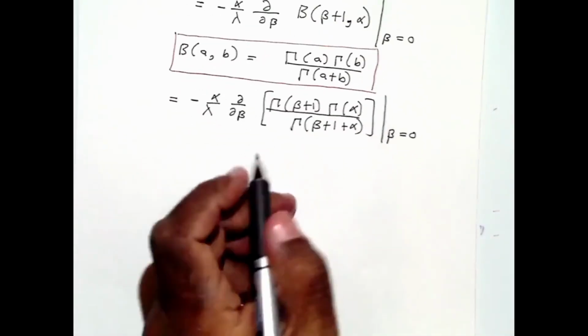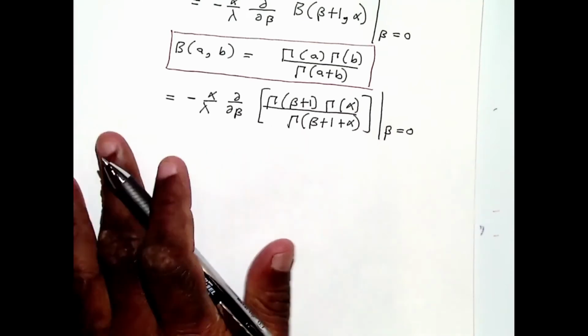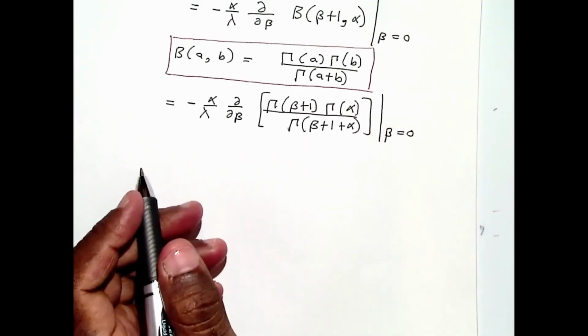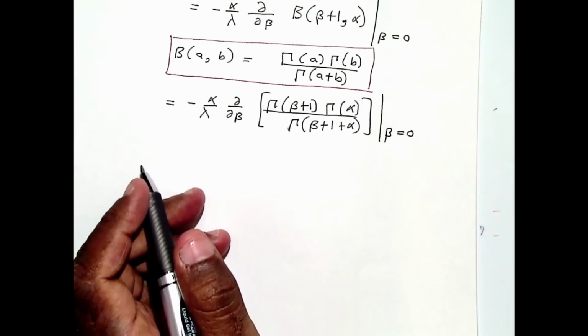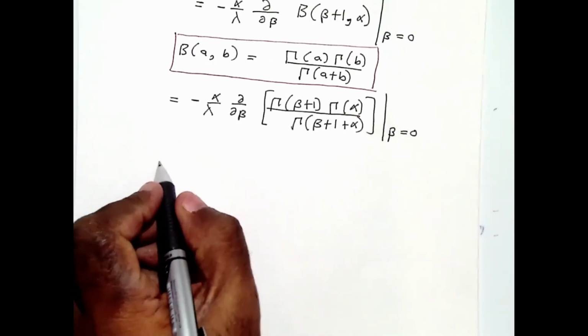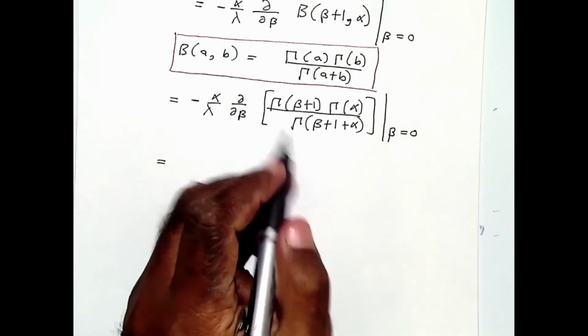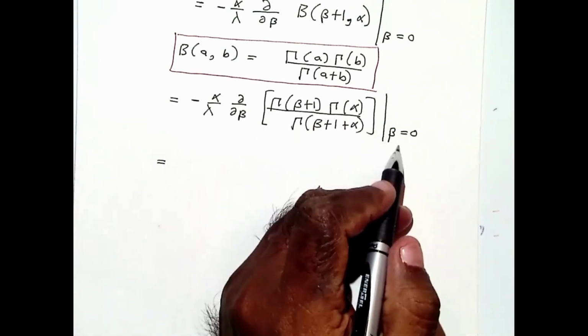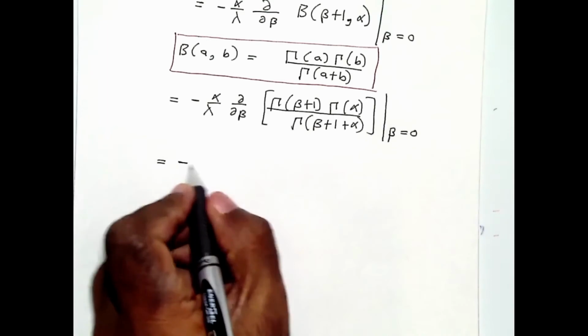Now you need to use the product rule to differentiate this, which I'm sure all of you know how to use. So I'm going to just skip that part. And so after differentiating, if you set beta equal to 0, this is what you will get.